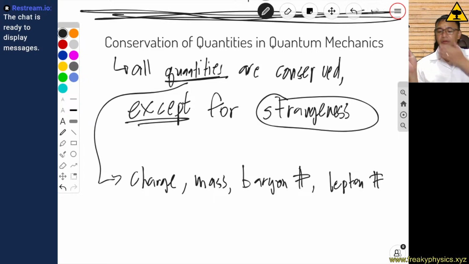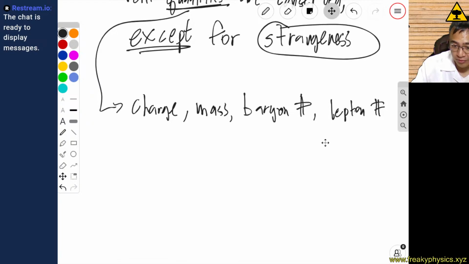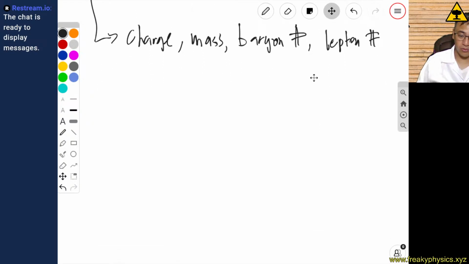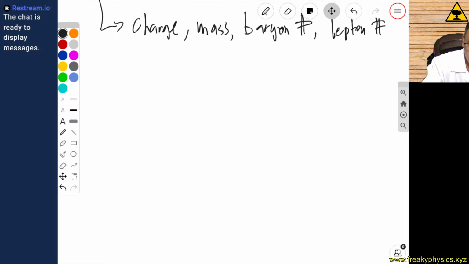Lepton number. Now, I want to make sure that this is completely covered because earlier in class, when we were talking about this with my students, I wasn't able to cover everything I wanted to. For now, we will ignore mass.